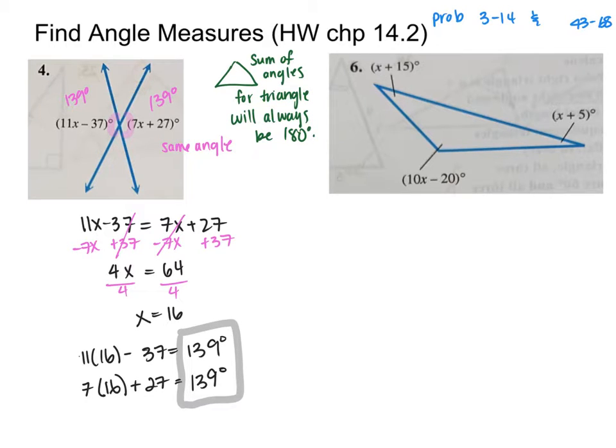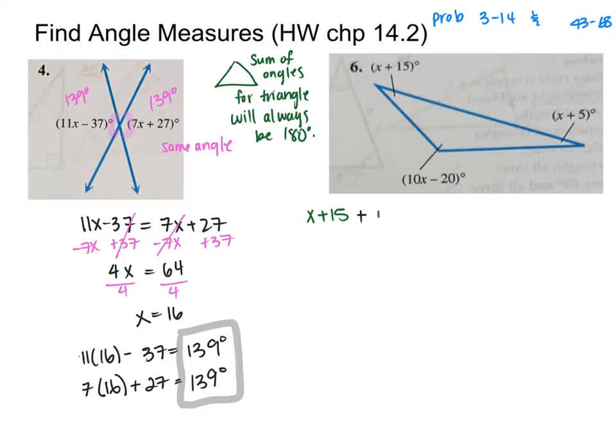So that means if I were to add up all these angles here, I should get 180 degrees. However, again, they are algebraic expressions. I will need to find the actual numerical value. So what I have to do is take each algebraic expression, combine them all, and set it equal to 180. So I'm going to go ahead and do that here. So I'd have x plus 15.